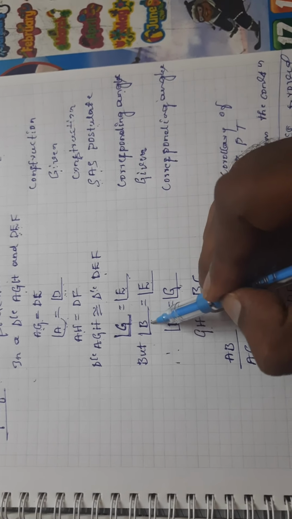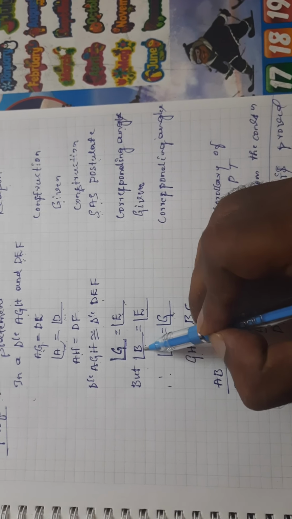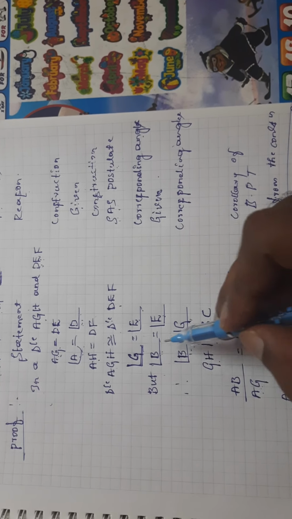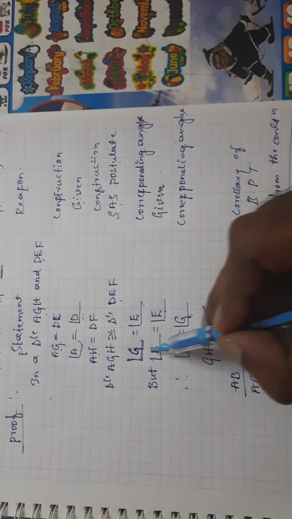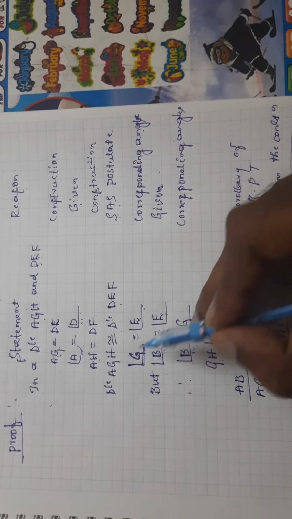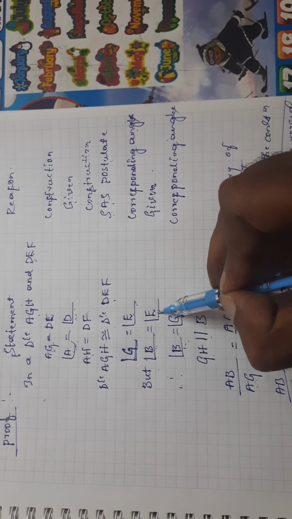But in the beginning it was given in the statement that angle B is equal to angle E. But can I write angle B is equal to angle G? Yes, because G is equal to E and B is also equal to E.